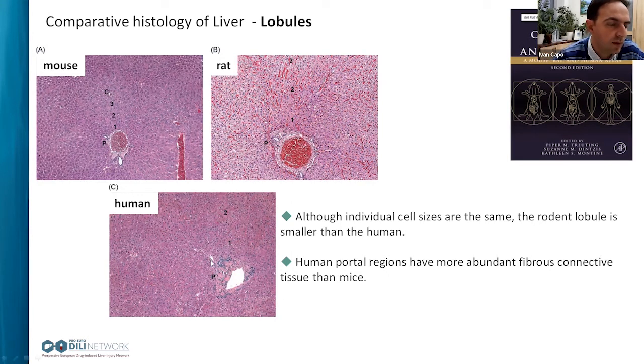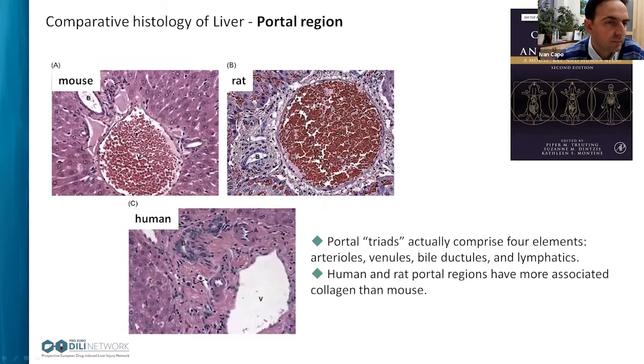Also, the portal parts in humans are more fibrous, with more fibrous structure inside, which is not present in the mouse or the rat. Here on the slide, the portal parts are composed just of blood vessels.